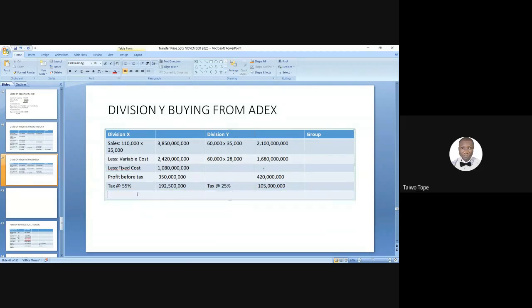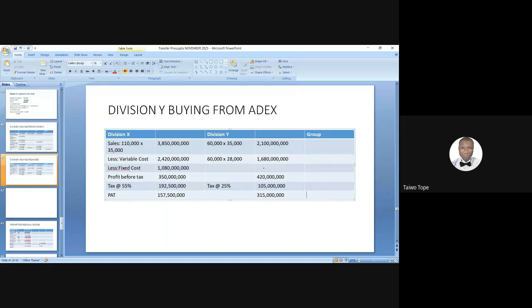Can you confirm, please? And the profit, 157,500. 105. Then for this, 315 million, sir.